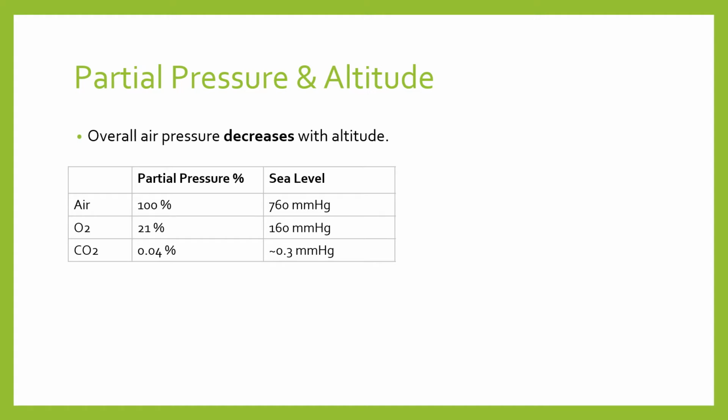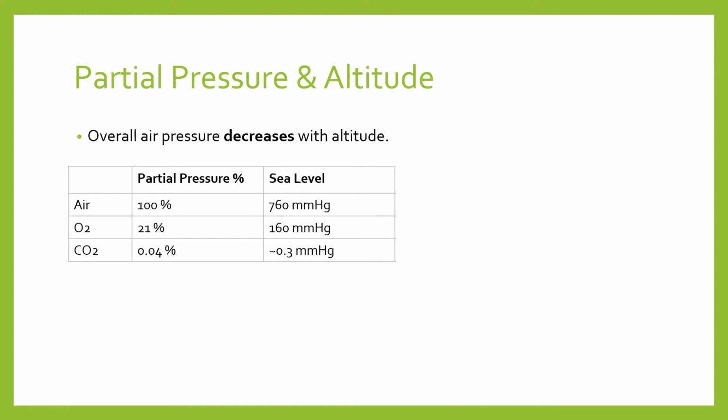So at sea level, overall air pressure is 760 millimeters of mercury, and that accounts for the whole overall air pressure. In terms of partial pressure, that's obviously 100%. That's all the air, all the molecules: the oxygen, the nitrogen, the carbon dioxide, the inert gases like argon and so on, all in a mixture in the air.